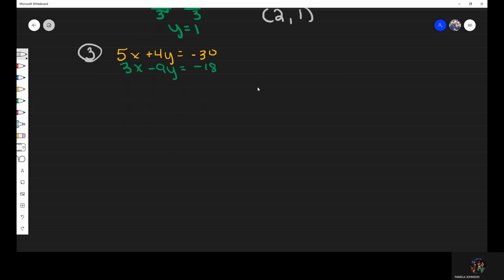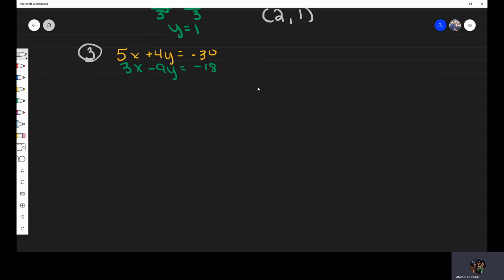Or we could do a substitution method where we isolate a variable, and then we substitute that equivalent expression into the other equation. But elimination is basically straight up adding them together. We want to make sure that the numbers are the same, so we get an equivalent equation.